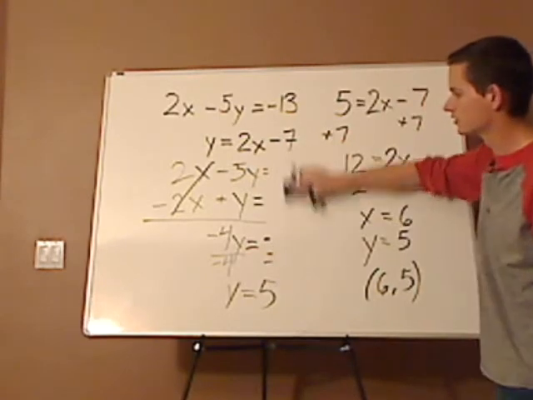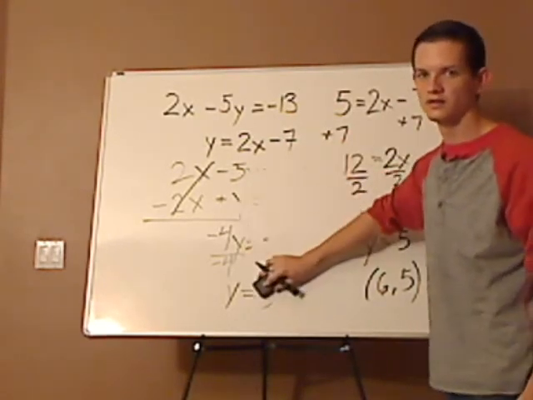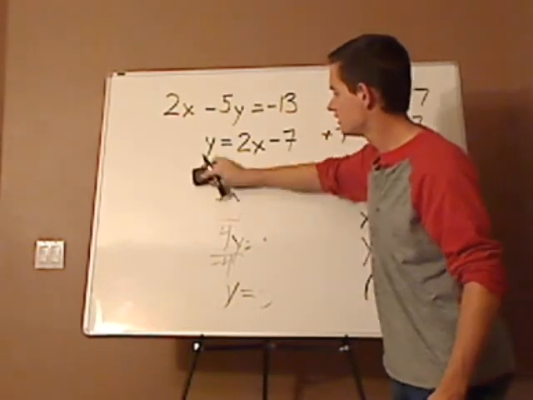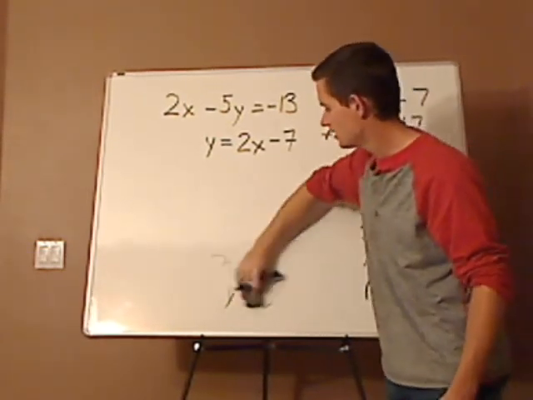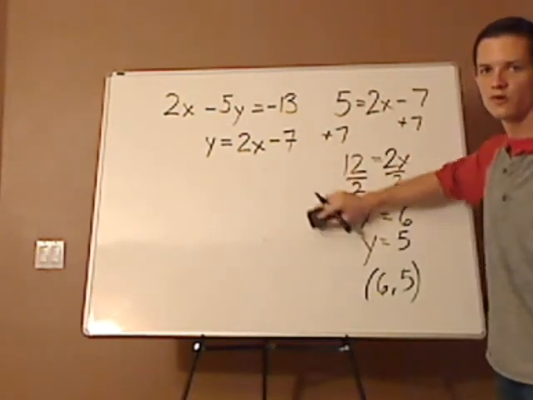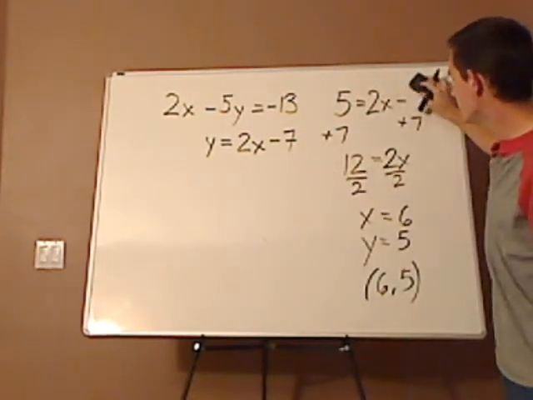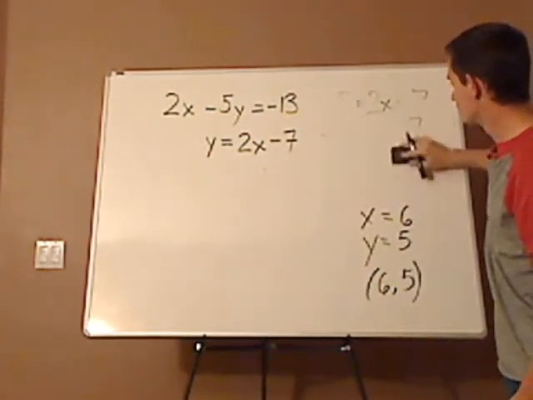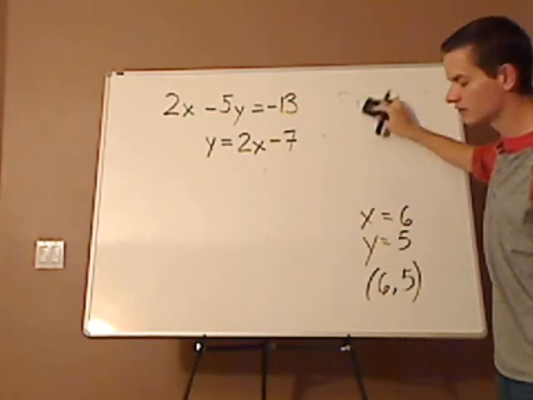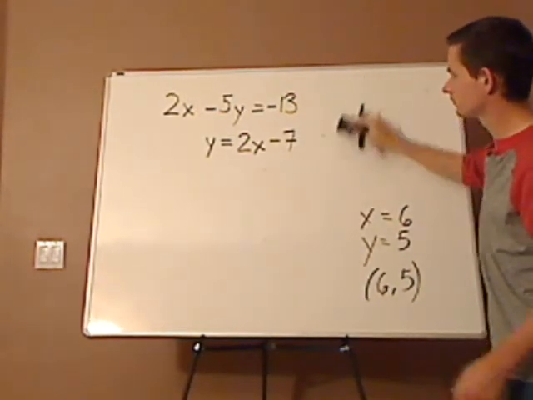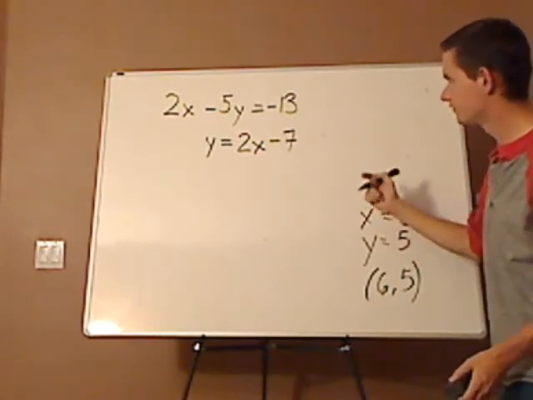So to check your solution, what you can do is just plug each of those numbers into the original. And if you get true statements for both equations, then that means that yes, x equals 6 and y equals 5 would be solutions. So let me take the first equation.